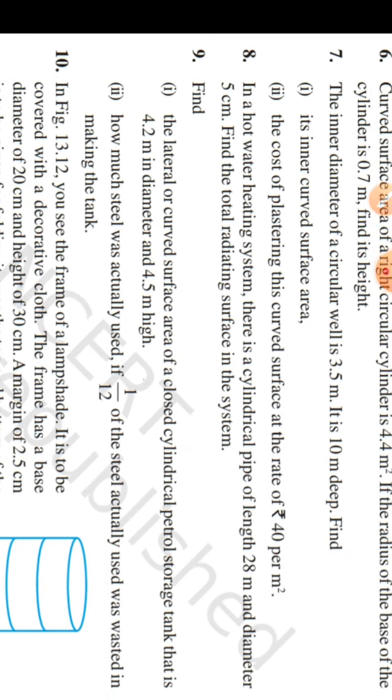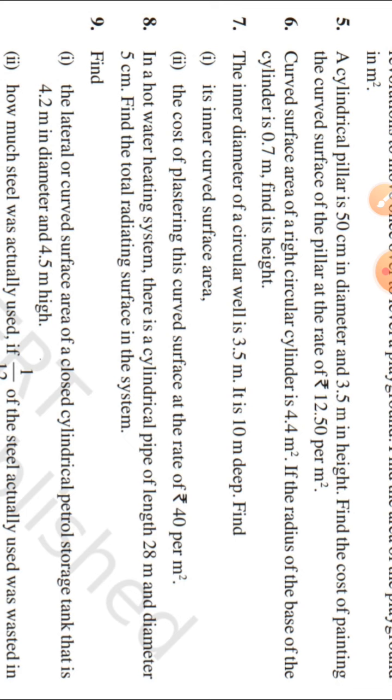First of all, see number 6. Curved surface area of a right circular cylinder is given. Here CSA is given just like the first one. In the first question CSA was given, here also given. If the radius of the base of the cylinder is 0.7, find its height. It is very simple, just like the first one. There radius was asked, here height is asked.